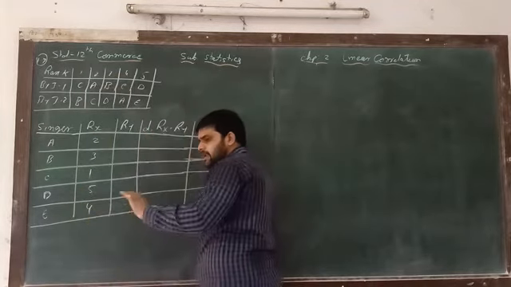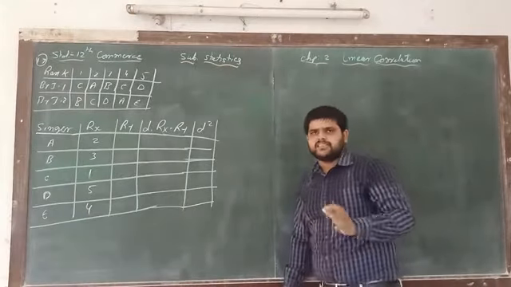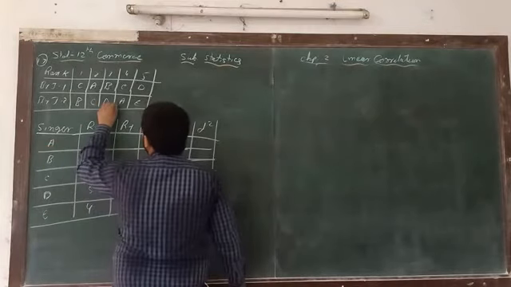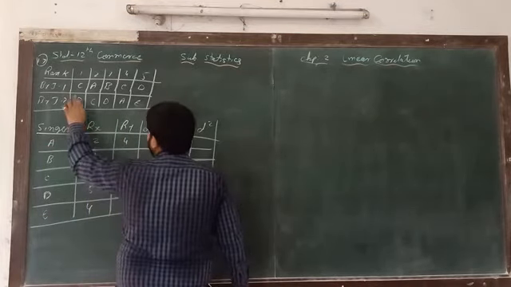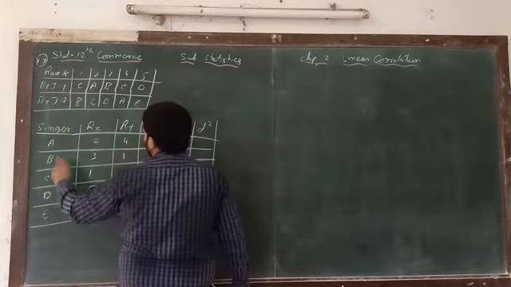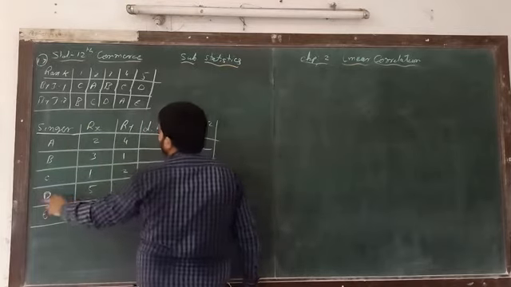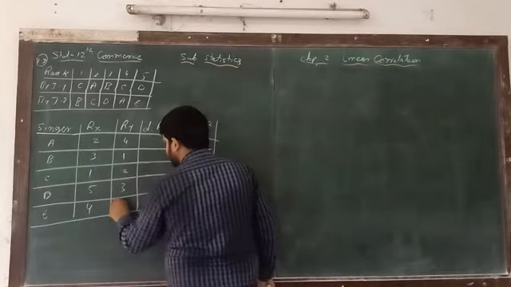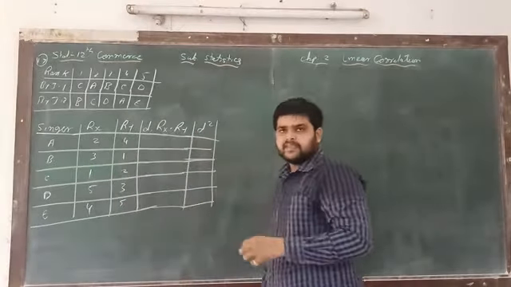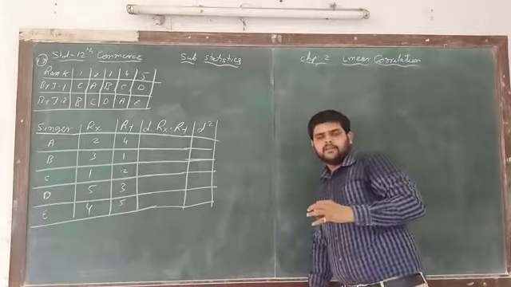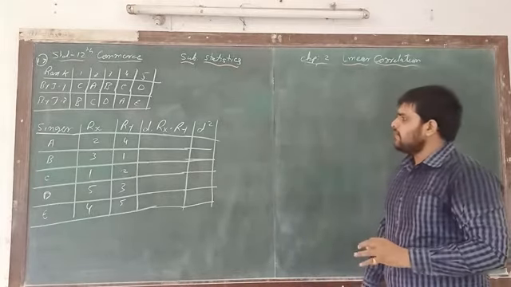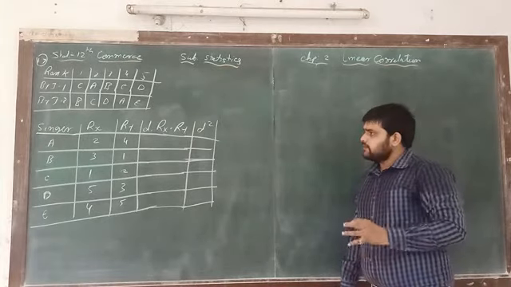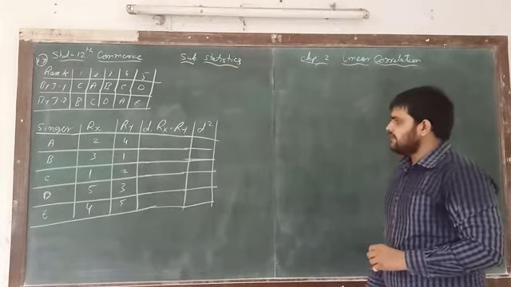Different information is given here. Same for Ry: A 4, B 1, C 2, D 3, E 5. Last time it was directly given, but in this example it's given in a different way. So we have to write it down like this.